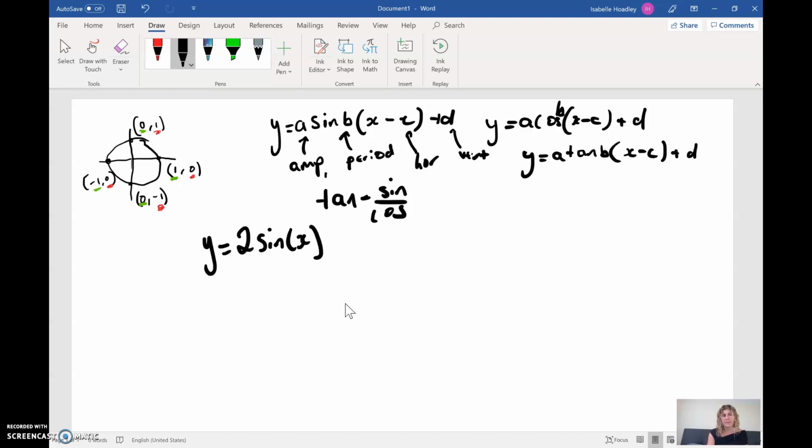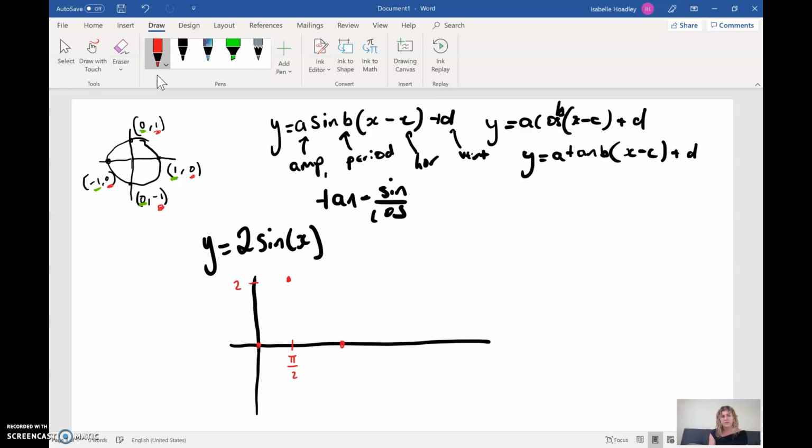All right, so if we're drawing the graph, and because we're looking at sine, I'm going to use red. Okay, again, sine starts at 0, 0, so we're starting at 0, 0. We're then hitting our highest point at pi on 2. Now, because this is 2 sine x, our amplitude is 2.